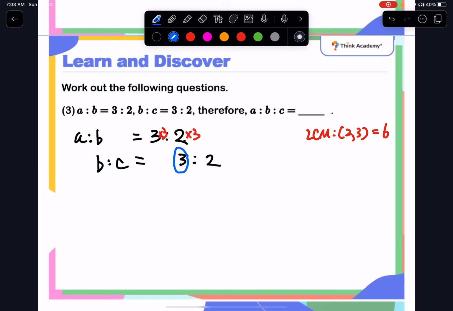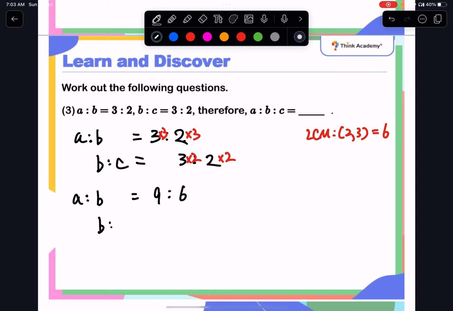So I want to make this 3 into 6. What should I do? I multiply this by 2 and also multiply this 2 by 2. And after that, what do we get? We can see that A to B is actually equal to 9 to 6, right? 9 to 6.